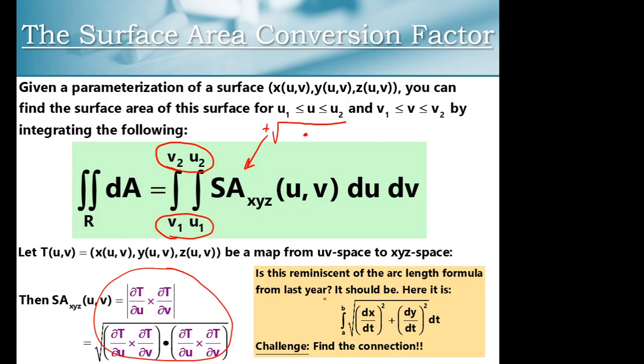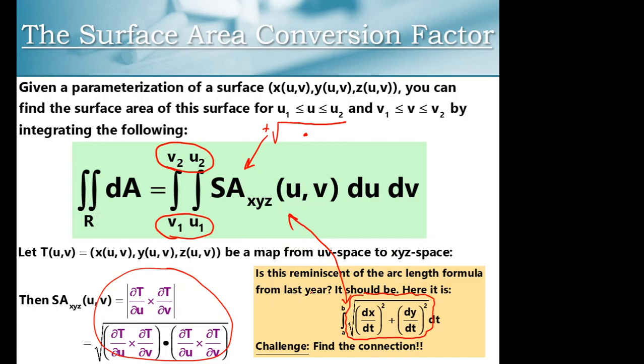And then I should mention that there is a very close relationship between last year's arc length formula and this year's surface area formula. They're the same formula, just in higher dimensions, right? Add an extra integral symbol, and then the surface area conversion factor, and this term that you had inside of your integrand, they're serving an equivalent purpose.